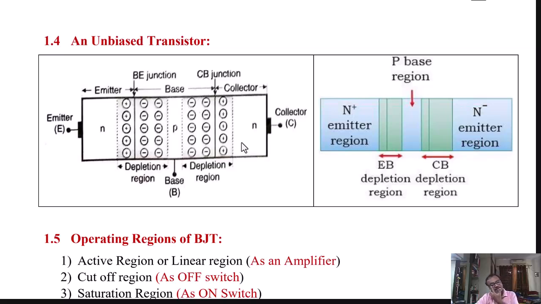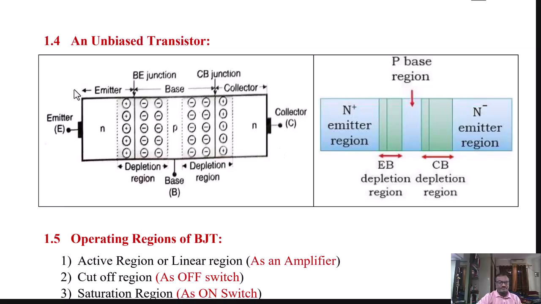The minority charge carriers, as we know, are due to thermal agitation or thermal excitation, which creates the minority charge carriers because of breakage of the covalent bond at elevated temperature. At 0 degree Kelvin, there are no minority charge carriers present in BJT.